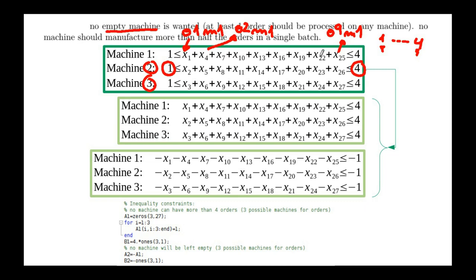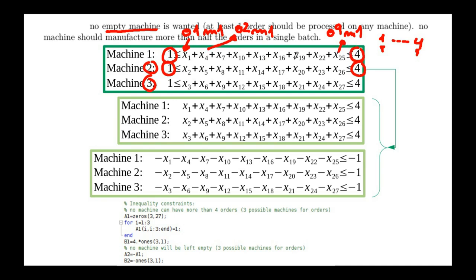But no more than 4 orders, and no less than 1 order. So the addition of all of them must be greater than 1 and smaller than 4.